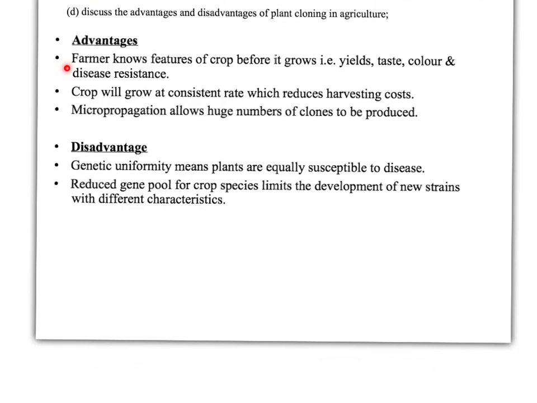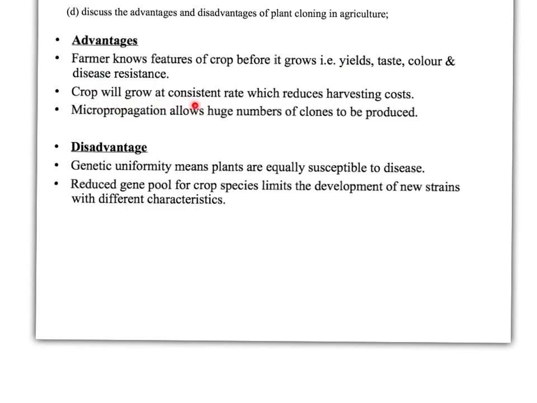The great advantage is the farmer knows the features of the crop before it grows: what its yield is likely to be, what the taste is likely to be, colour, level of disease resistance. All of these are known. That can make his product more marketable, and things like disease resistance are going to make it easier to grow.